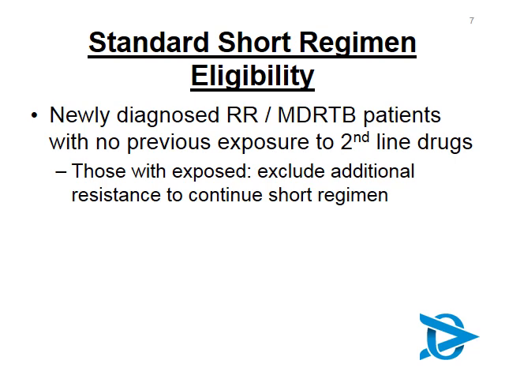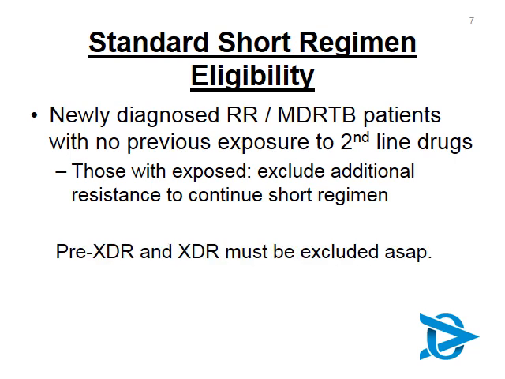Even those patients who have had exposure, for example, MDR-TB patients who have failed, we will start them on the shorter regimen, but obviously we will prioritize to get additional information to establish any resistance to other second-line drugs. Your GeneXpert DRTB reflex test will be doing that for all your patients, trying to make sure that the patient may not have pre-XDR or XDR.